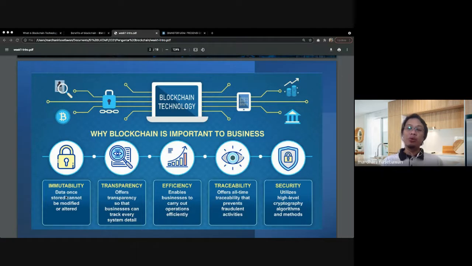The terms altered and modified are common for us, especially when we learn about database management systems, where data can be altered, updated, and so on. But in blockchains, there is no opportunity for us to modify or alter.